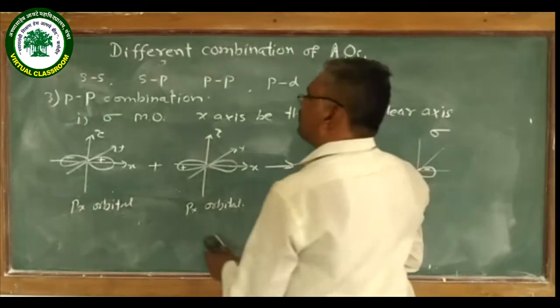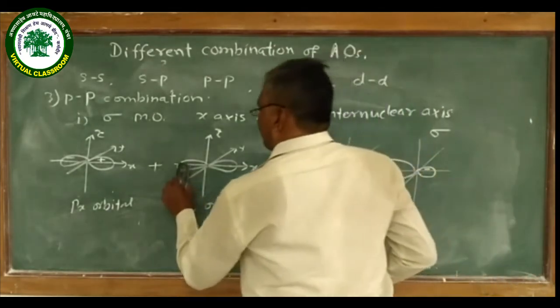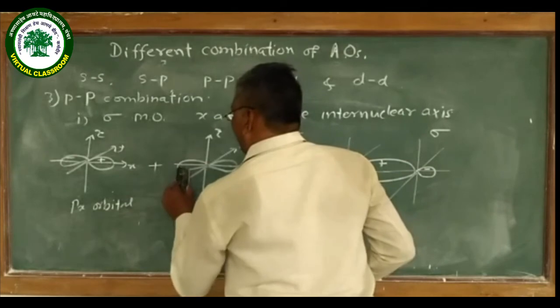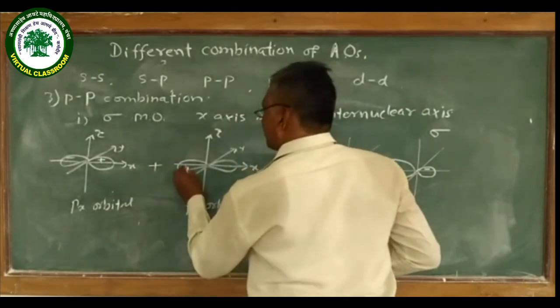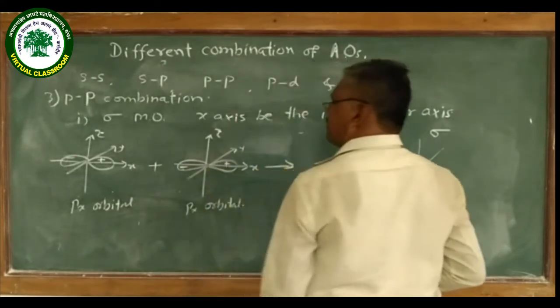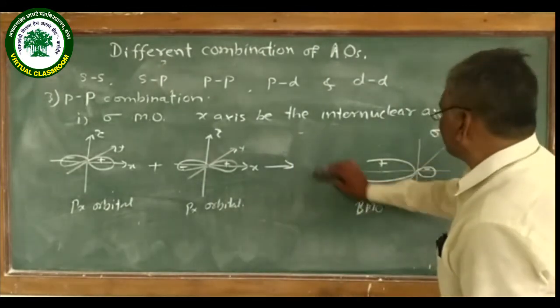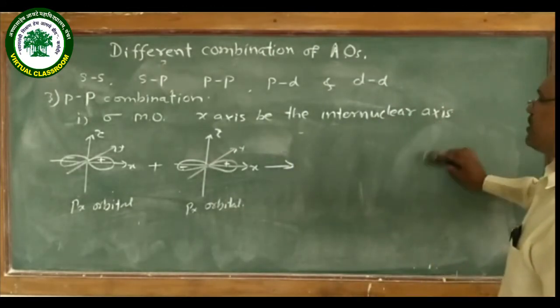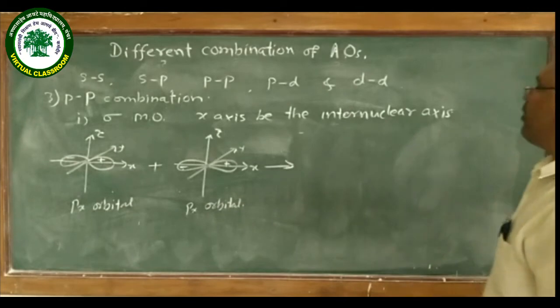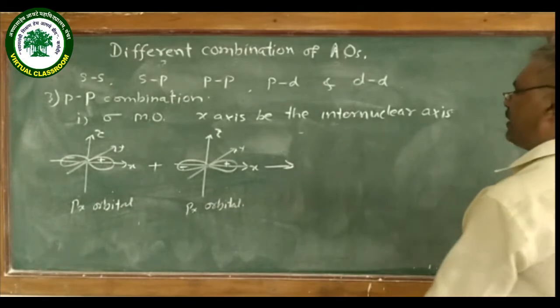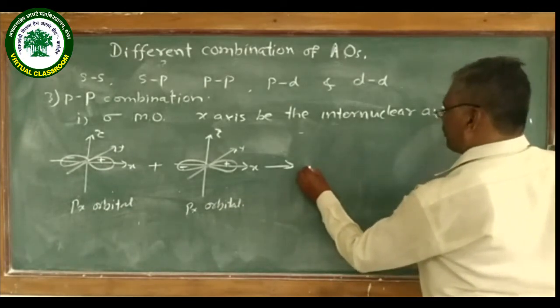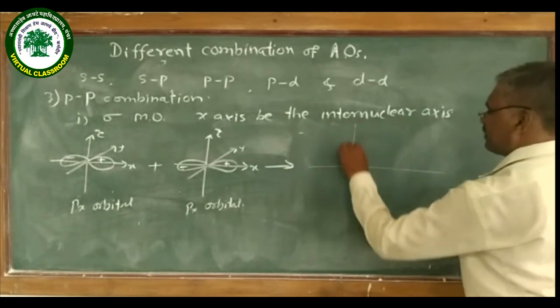If we have opposite sign for the overlapping region, then since the overlapping region has opposite sign, they will form antibonding molecular orbital, and the antibonding molecular orbital can be shown like this.